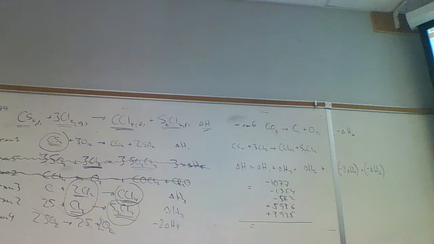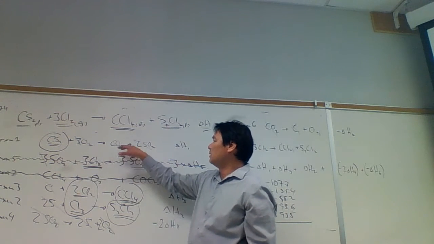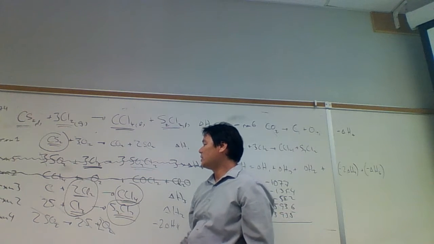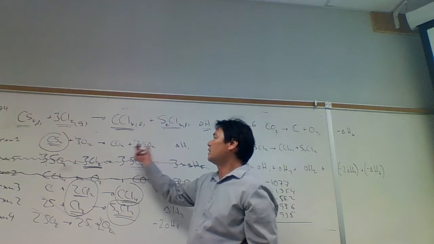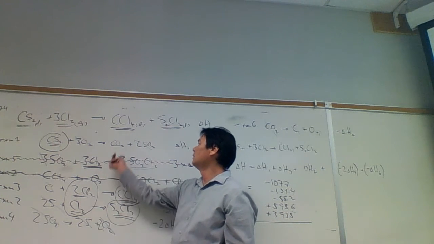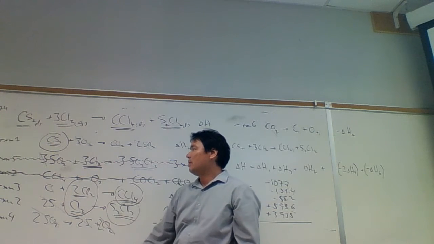But you know, this isn't the easiest. Actually, there's a much easier way of doing this. And that is, we're using any reaction here. Any reaction here is going to have different products. Like here, we've got CO2 and SO2, and different reactants as well.